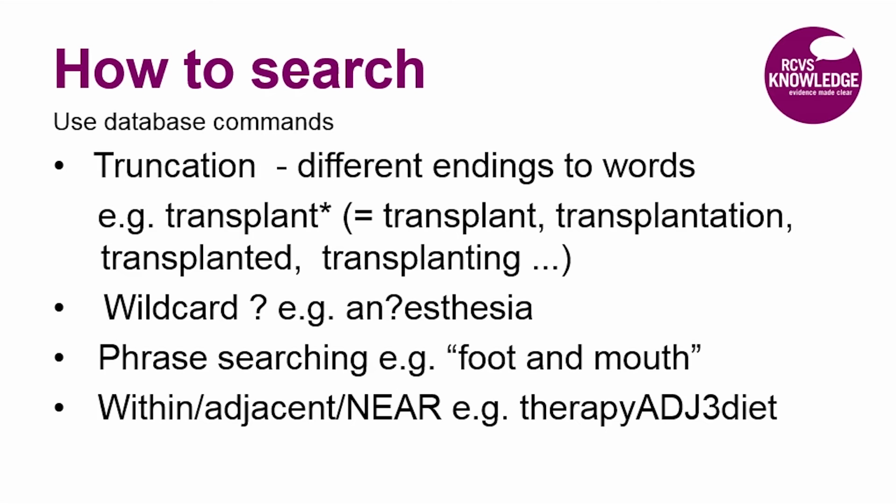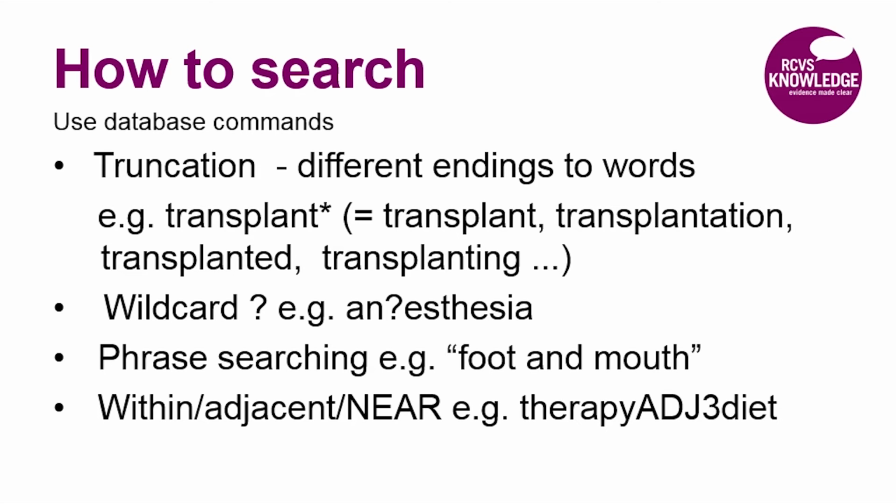Wildcard, with a question mark, works with some databases but not others. Sometimes they use a different symbol, so again, just check what symbols. But that's quite a neat way of getting around the English-American spellings. Phrase searching, really important. If you're looking for a particular phrase, put quotation marks around it.